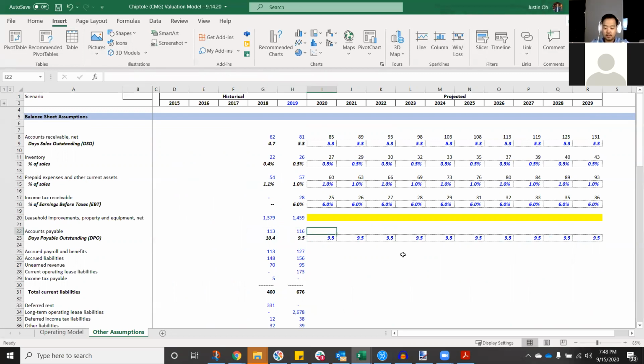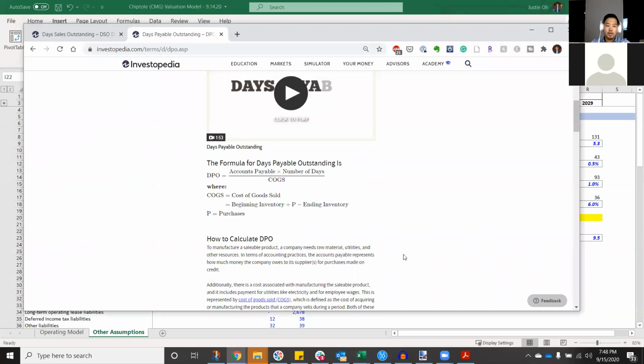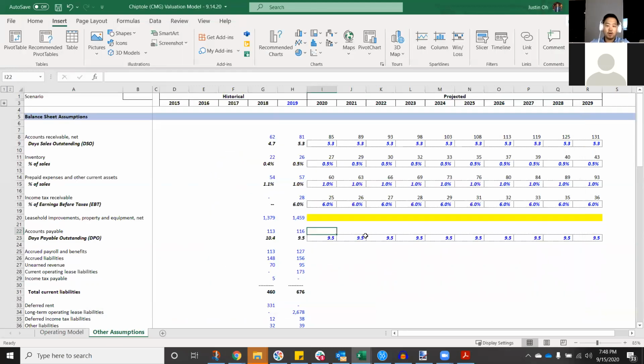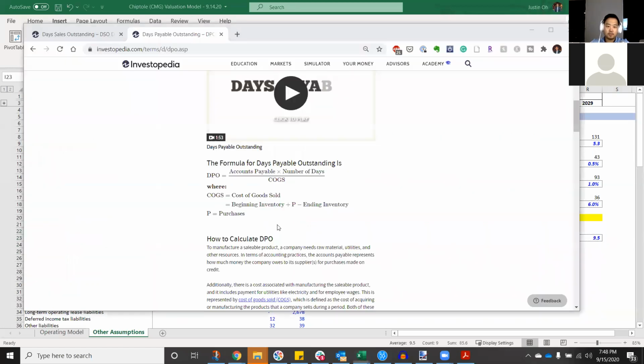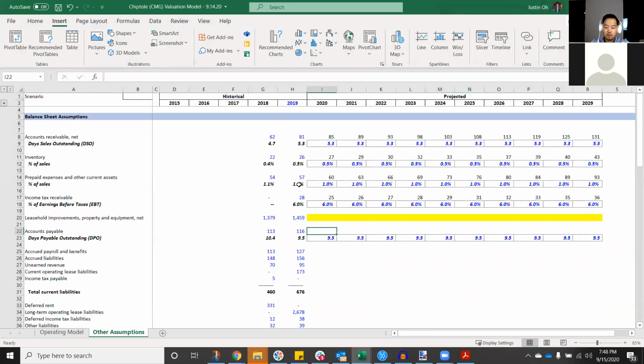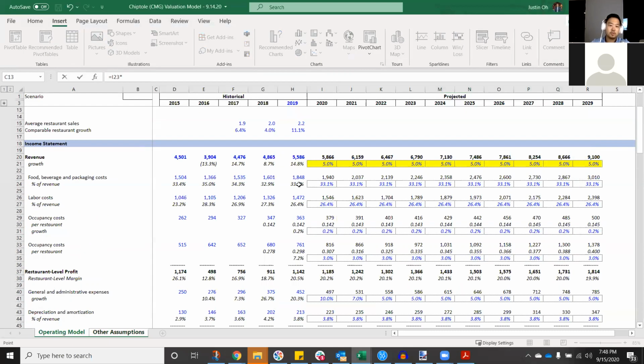So again, let's do the algebra in your head. If we assume days payable outstanding, we're trying to solve for accounts payable. So that's going to be DPO times COGS, or well, times the sum of this, divided by 365.